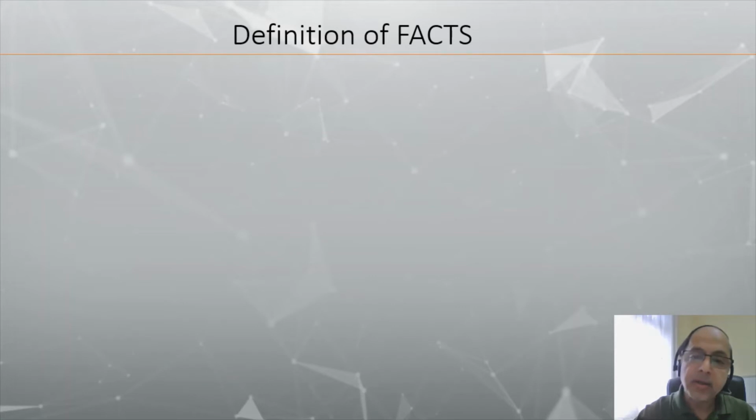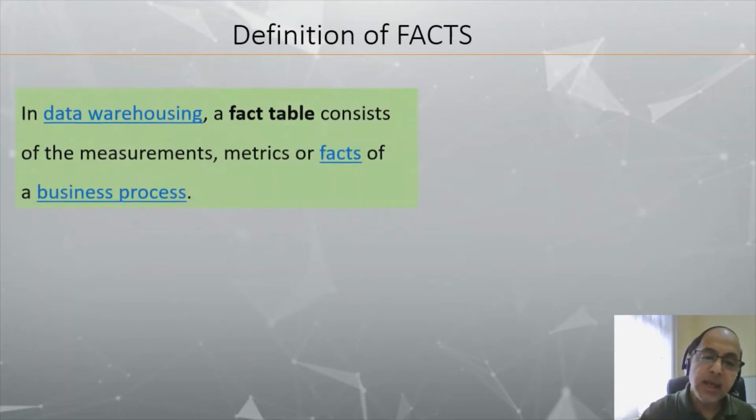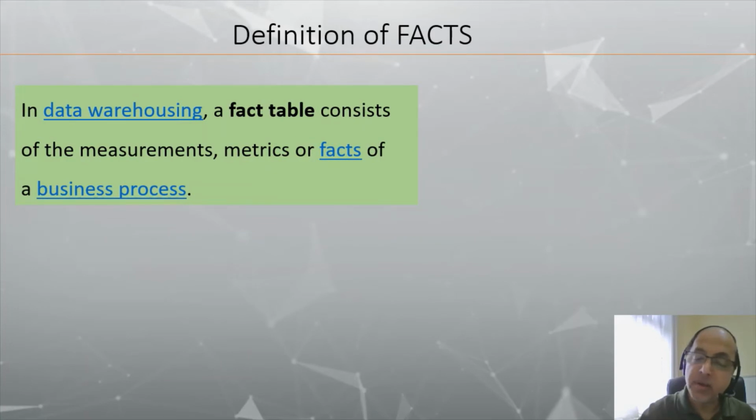Okay, let us understand the definition of facts. Facts in data warehousing terminology are also referred to as a cube, and mainly are used to store the numerical values of key measures which are important for the business. Let's see some examples.